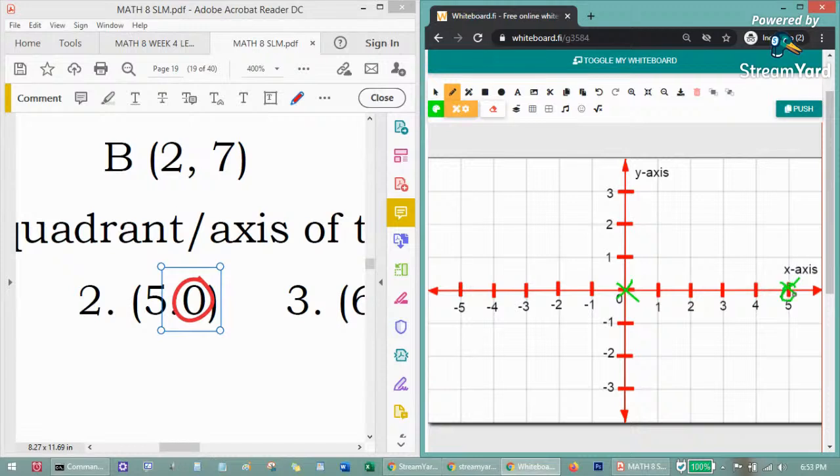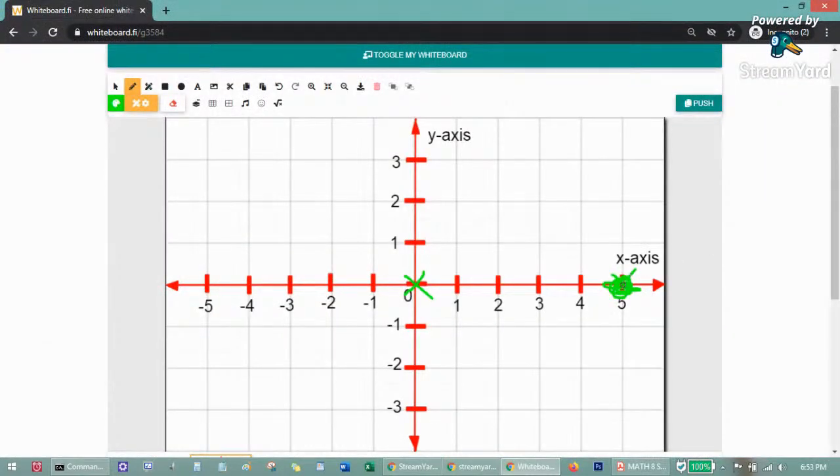Therefore, yung point ay nandito. Okay? So itong point na to ay nakatapat sa 5 ng x at sa 0 ng y. Okay, ito yung y. Ito yung 0 ng y.